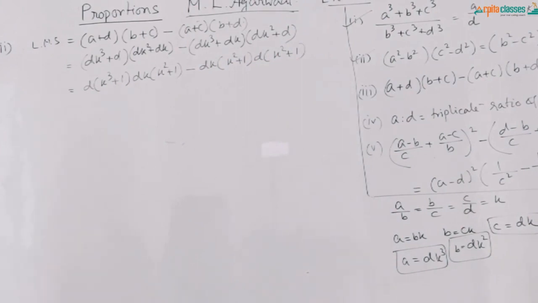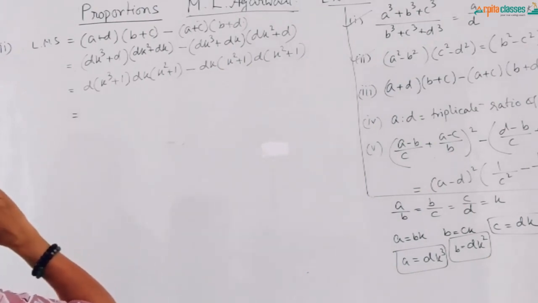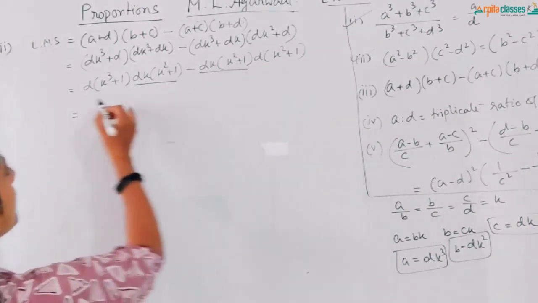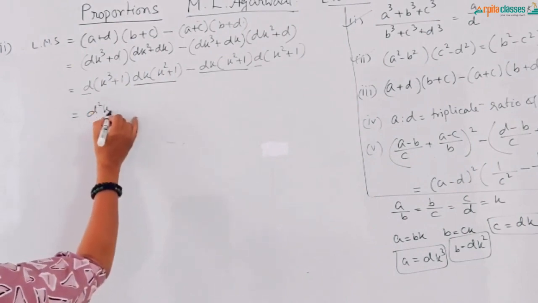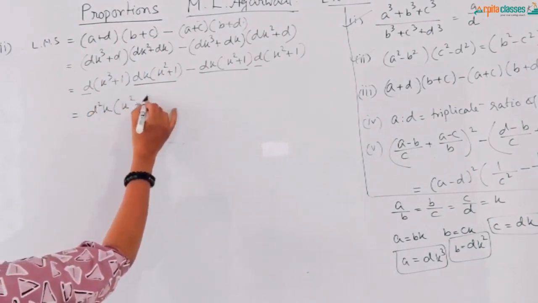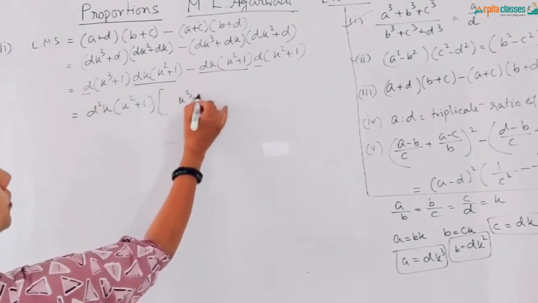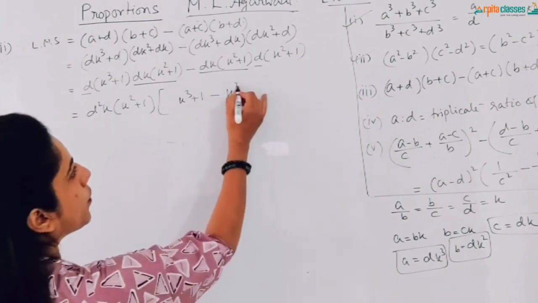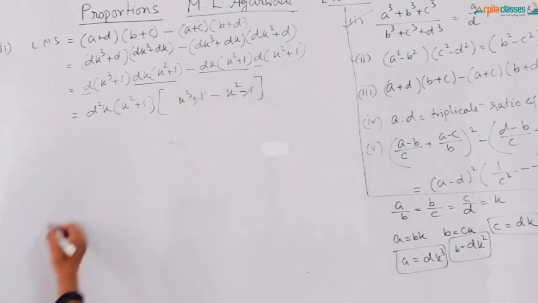Now dk(k² + 1), and d is again common. So d²(k² + 1) I take common. So here I have only k³ + 1, minus here I have k² − 1. So plus 1 minus 1 will get cancelled.